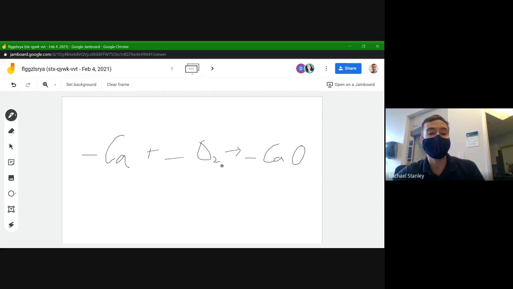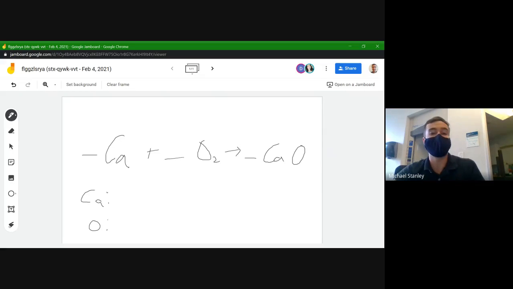So we have 2 different atoms in this chemical equation. We have calcium and we have oxygen.